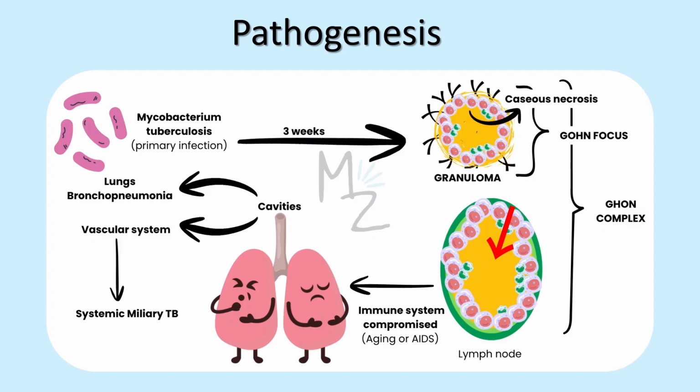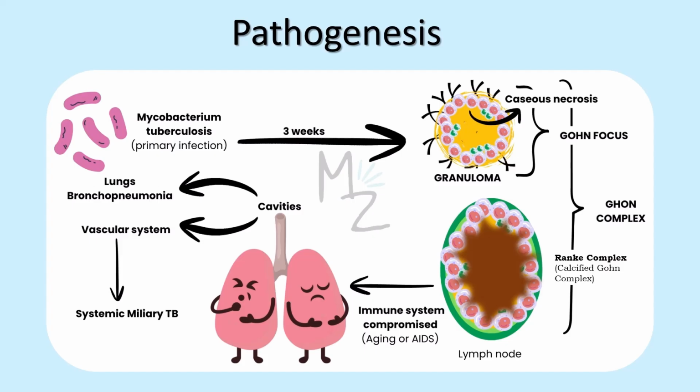Together, this caseating tissue and associated lymph node make up the Ghon complex. Ghon complexes are subpleural and occur in the lower lobes of the lungs. This tissue that is encapsulated by granuloma undergoes fibrosis and often calcification, producing a scarred tissue that can be seen on X-ray. A calcified Ghon complex is called a Ranke complex.